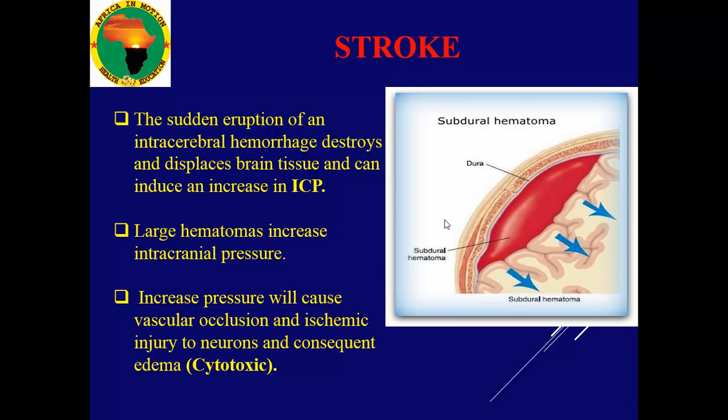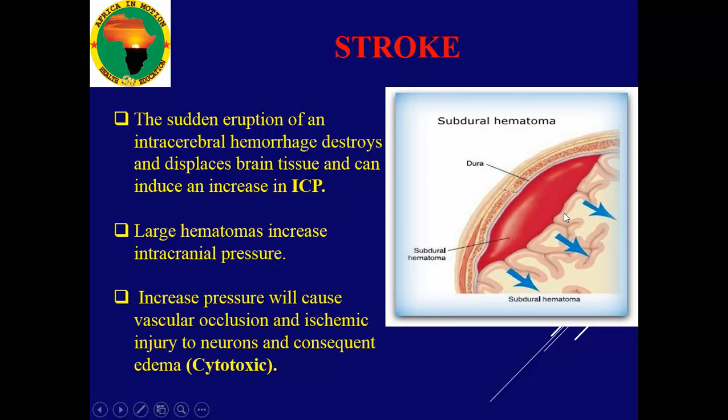This hematoma, the sudden eruption of any intracerebral hemorrhage, can destroy and displace the brain tissue, which can lead to what we call intracerebral pressure. There is a lot of pressure pushing the brain downwards.